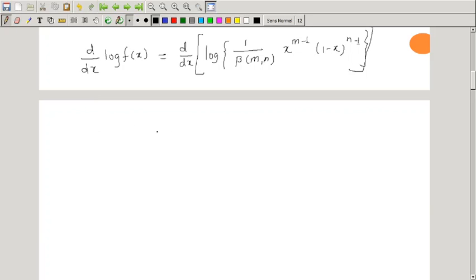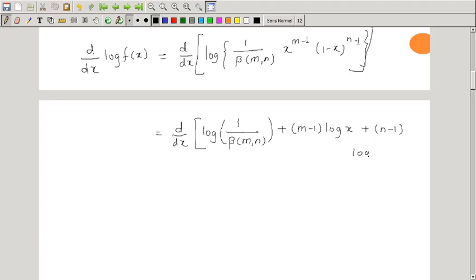So that means which is equal to d by dx of log of 1 upon beta mn plus m minus 1 log of x plus n minus 1 log of 1 minus x.